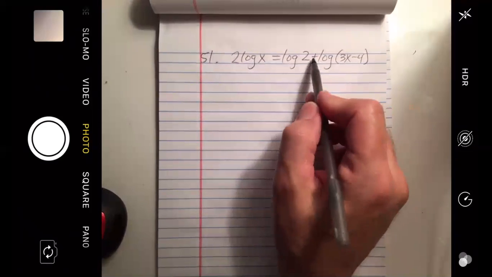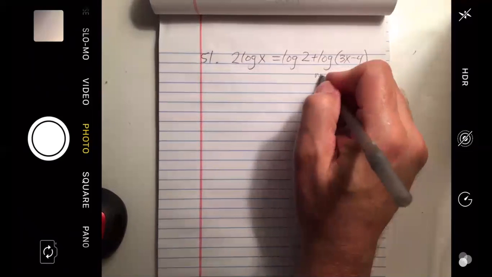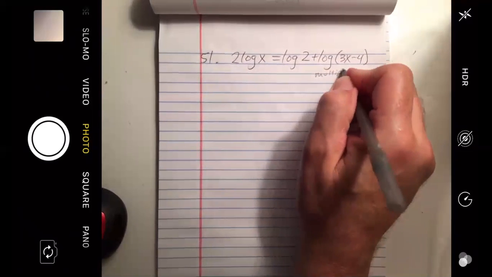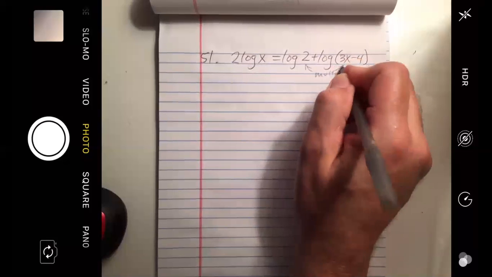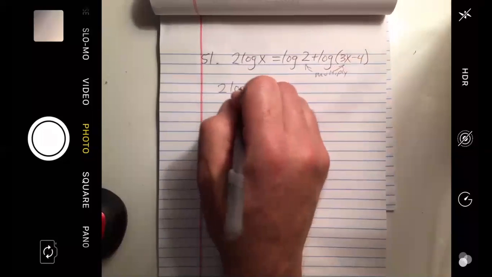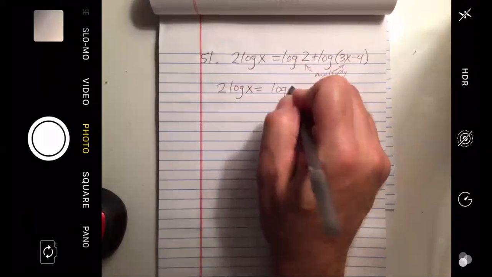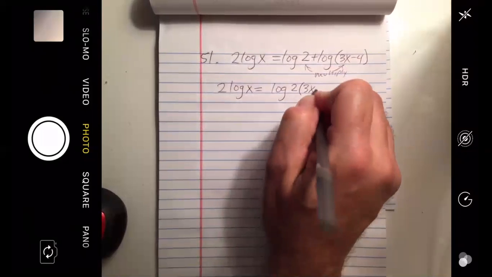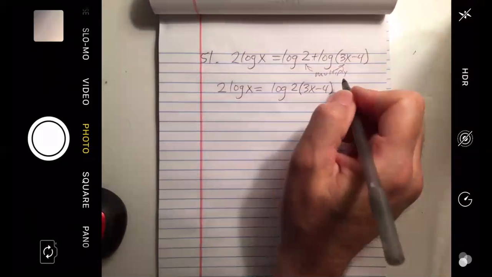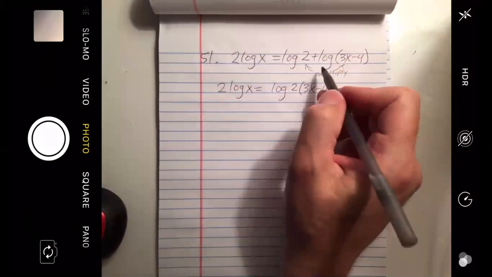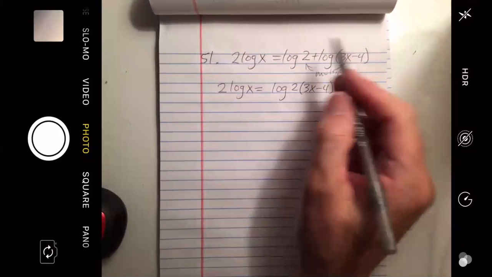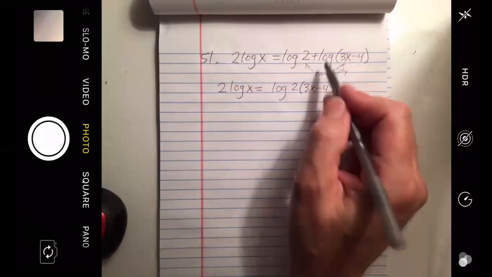And again, because both are positive, I can multiply the 2 and this. Log x is equal to log of 2 times (3x minus 4). That's why they had you do all those exercises of expanding logs and combining them. I'm combining this to this.